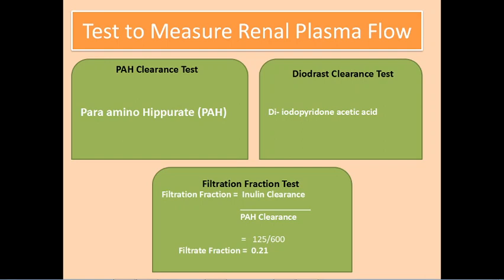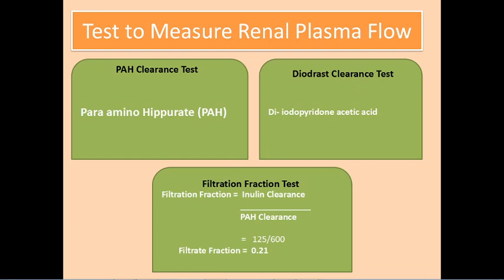So renal plasma flow will be 600 ml per minute, and the normal renal plasma flow ranges between 574 ml to 700 ml per minute. PAH clearance decreases in glomerular dysfunction.